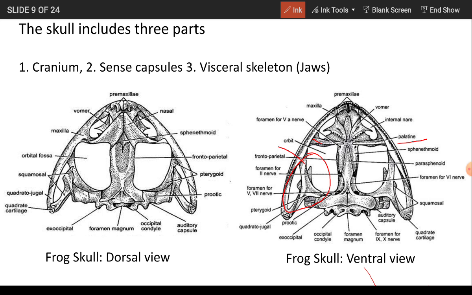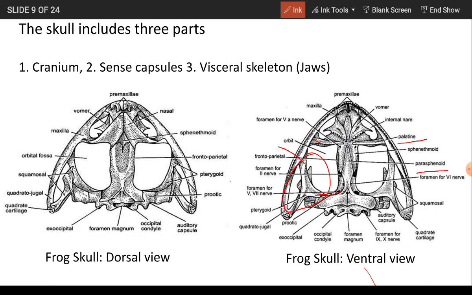Whereas its inner ray or limb joins with the parasphenoid and auditory capsule. So the inner ray is this, which is attaching to the parasphenoid. The parasphenoid is here, and the other limb is this.